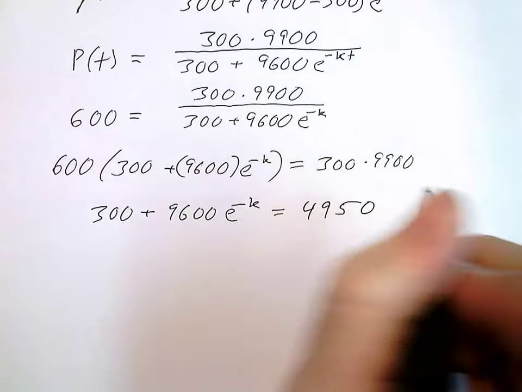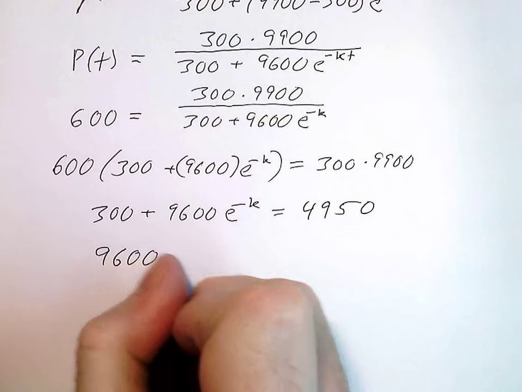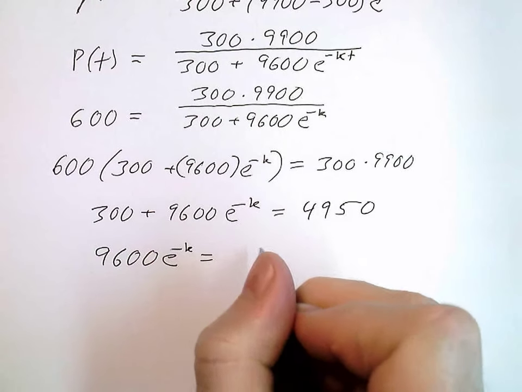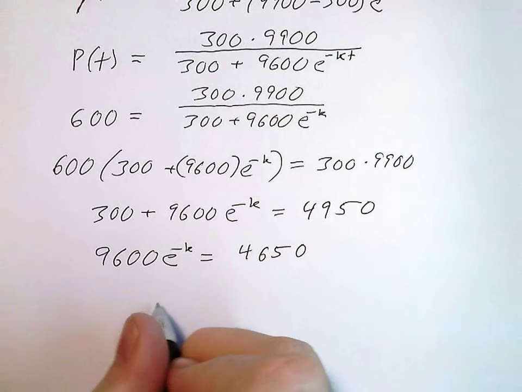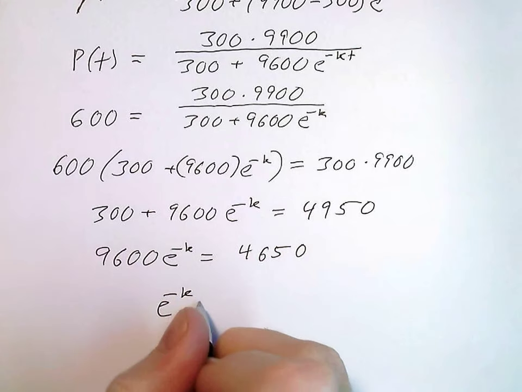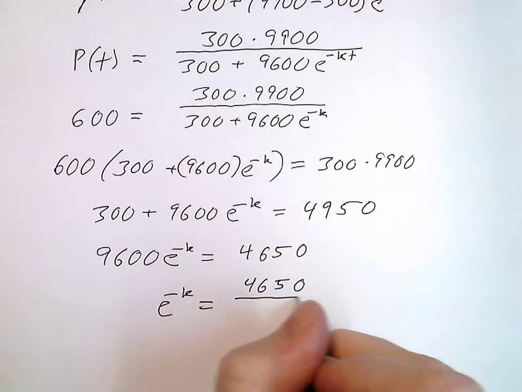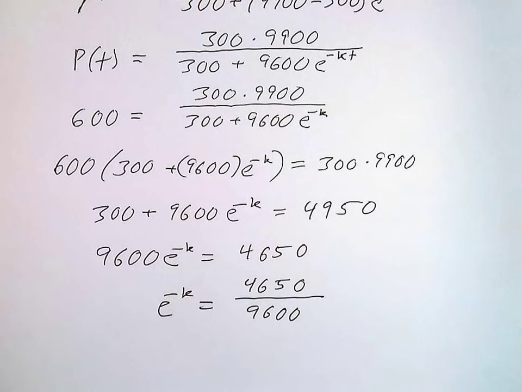And so I have 9,600 e to the minus k. If I subtract 300, I have 4,650. So e to the minus k is 4,650 over 9,600. Again, if you like, you can reduce this. But notice I've isolated e to the minus k.